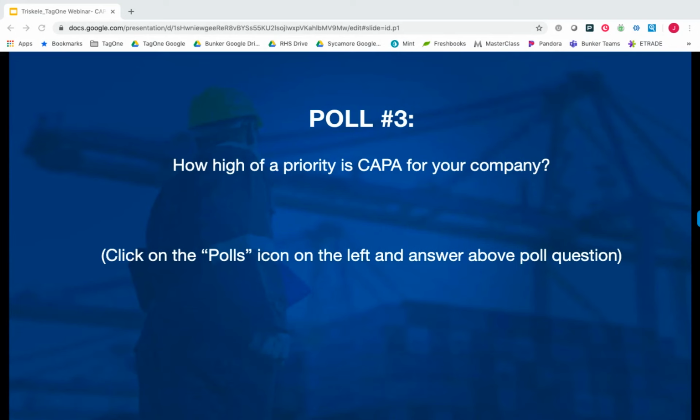And while this is coming in, maybe share some final thoughts, Kathleen, on where do people start? If you don't have a lot of experience, what should people be doing? Whether it's I need to call a consultant or I need to hire somebody, what would you recommend for somebody who wants to implement this? Honestly, 21 CFR 820.100 is a really good place to look for higher level guidance on CAPA.